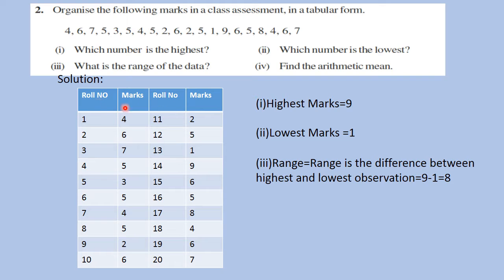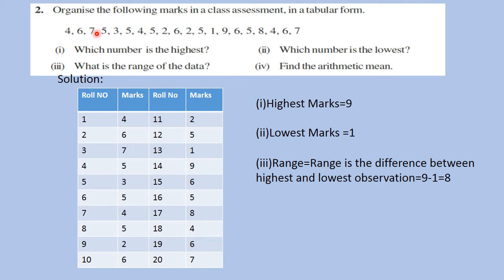We call them the roll numbers of students. Now accordingly the marks are given as 4, 6, 7, 5, 3, 5, 4, 5, 2, 6, 2, 5, 1, 9, 6, 5, 8, 4, 6, 7. So these marks we have arranged in the rows.